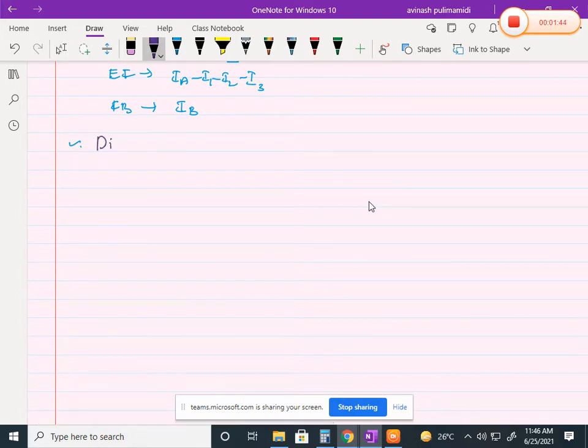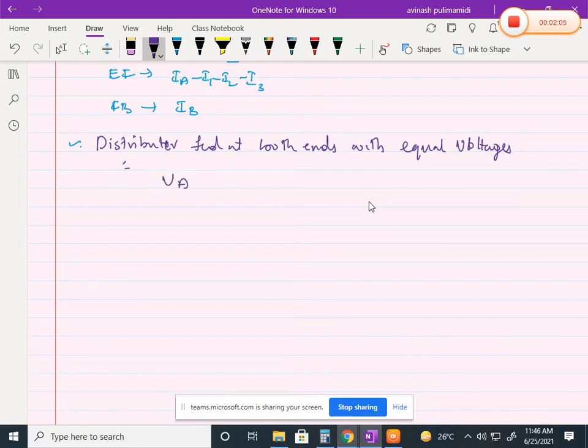Distributor fitted both ends with equal voltages. We know that VA minus VB is nothing but VAB. Then distributor fitted both ends with equal voltages means VA and VB both are the same. Then VAB is equal to how much? 0.